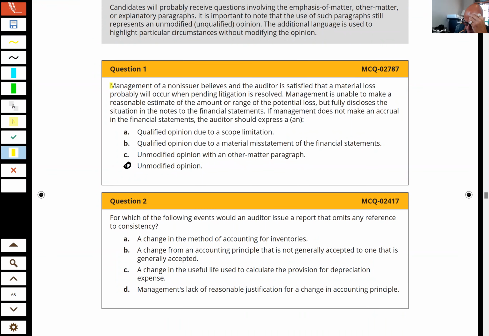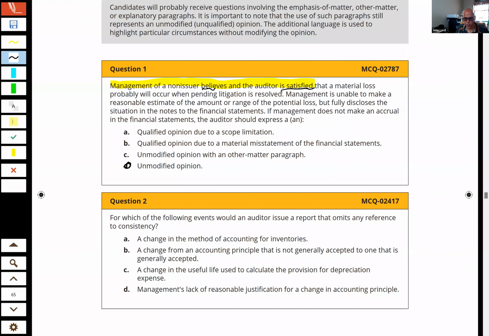It says management of a non-issuer believes and the auditor is satisfied. Now, let me ask you a question. If management believes and the auditor is satisfied, do you think we're going to have a happy ending to this story or a sad ending?